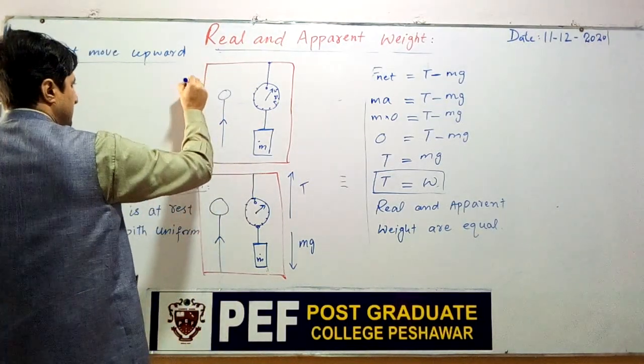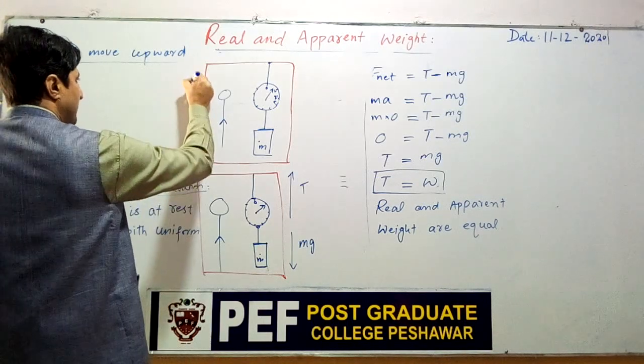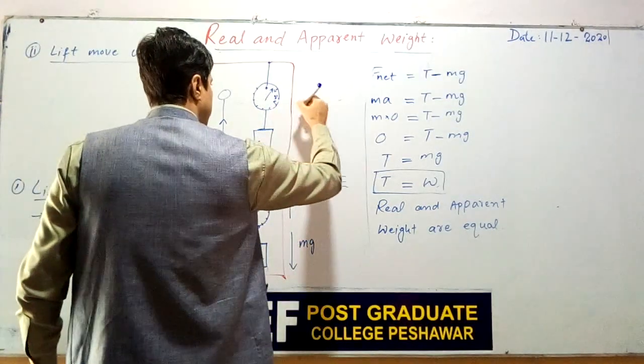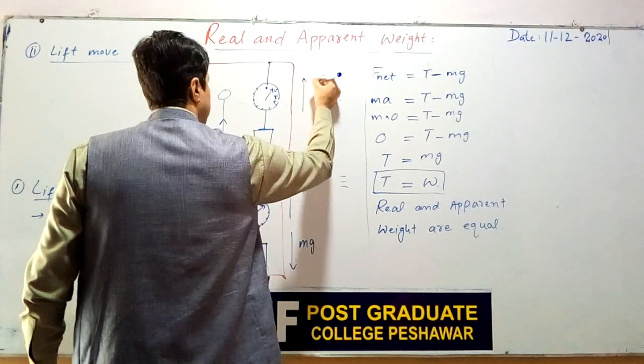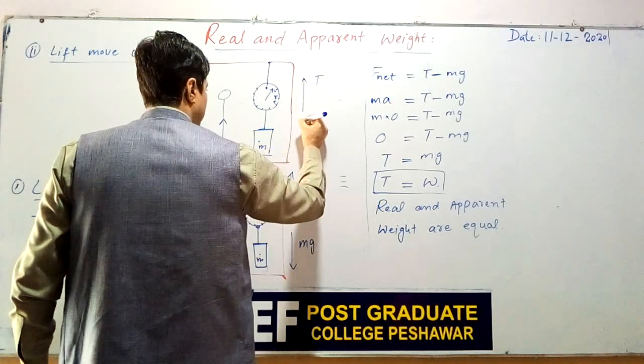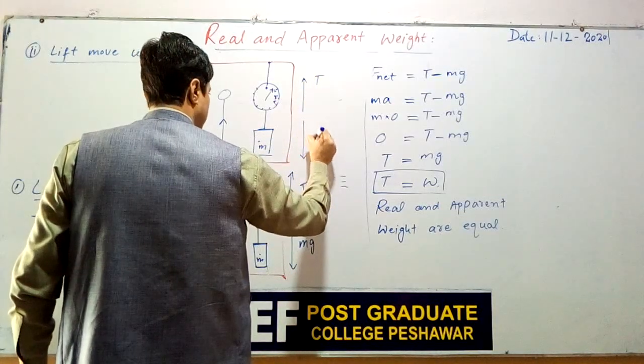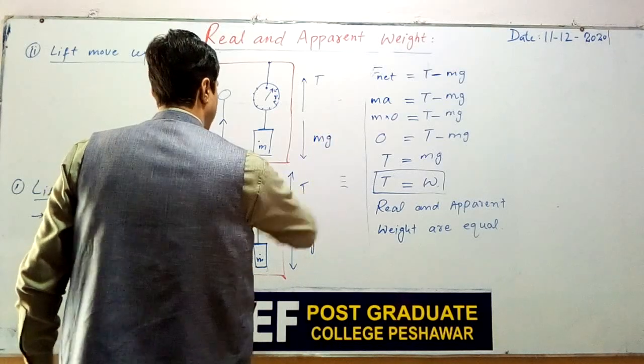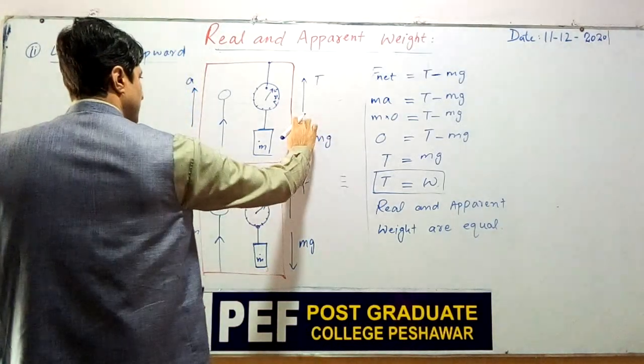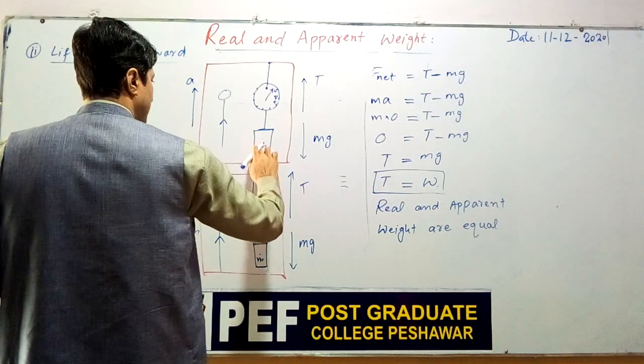This is acceleration of the lift a. What will happen in this case? Tension in the string will be in upward direction and weight will be similarly the gravitational pull in downward direction, mg. Now this is mass m.